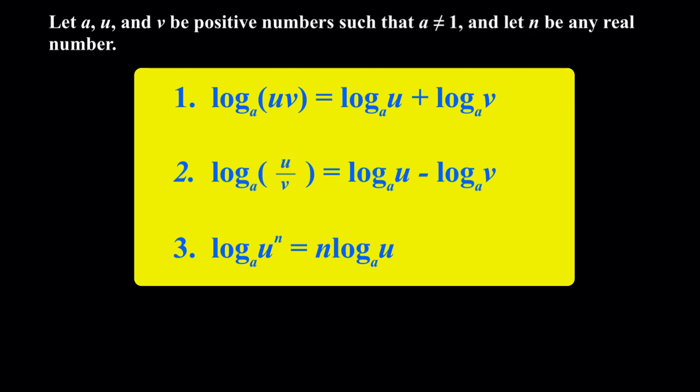Now, one of the things that you're going to see is that this process has a name for it. If you look at this form right here, this is a condensed form. This is an expanded form.